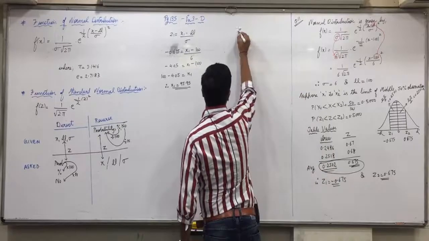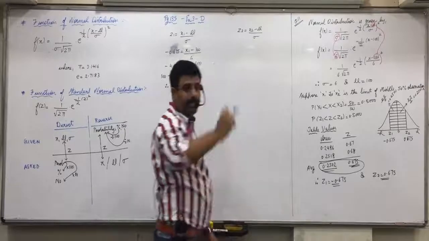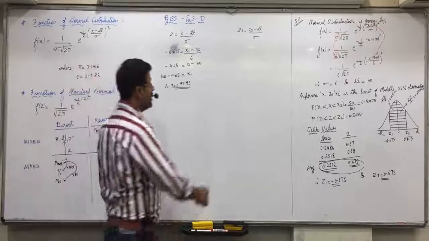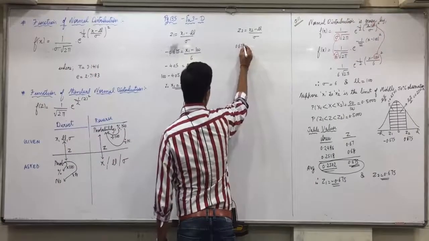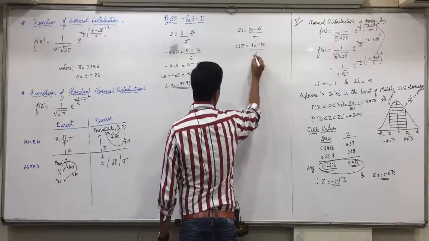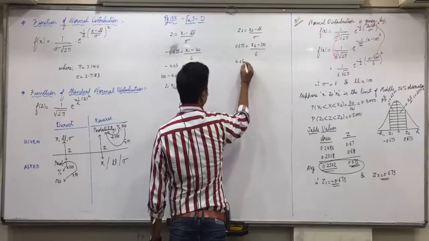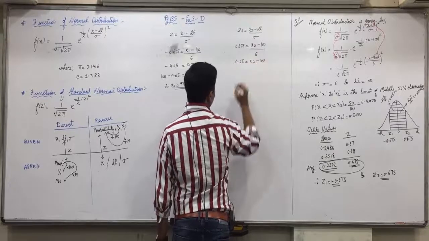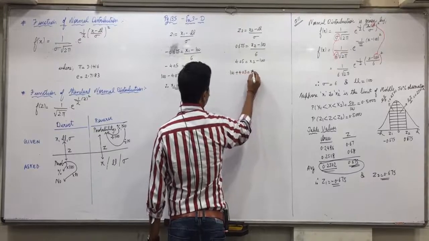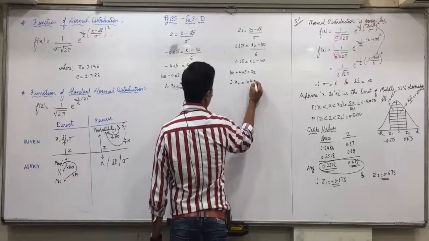So write down z2 is equal to x2 minus mu upon sigma. z2 is positive 0.675, so 0.675 equals x2 minus 100 upon 6. 4.05 equals x2 minus 100. Minus 100 on the left side will become plus, so 104.05.